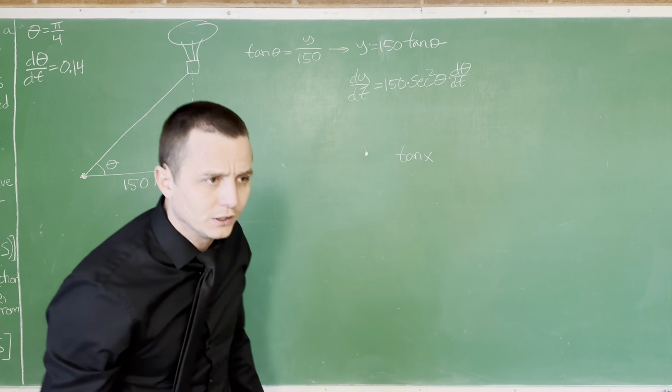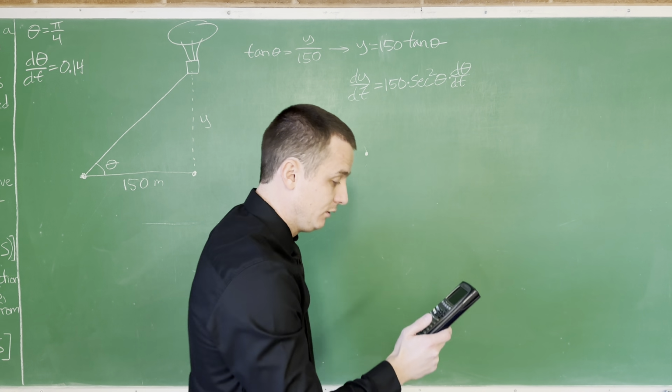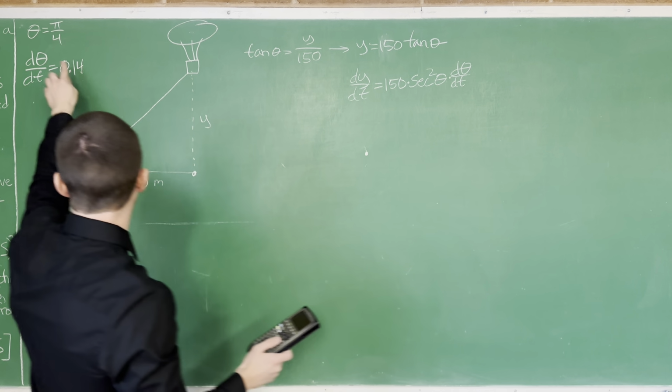I don't know if there's much use in writing much more out. Let me get my calculator. I'll plug stuff into my calculator, telling you what I'm plugging in. I'm going to type out 150 times, I don't have a secant button, so I write that as 1 divided by cosine of theta, pi fourths, because we're actually plugging into our calculator now.